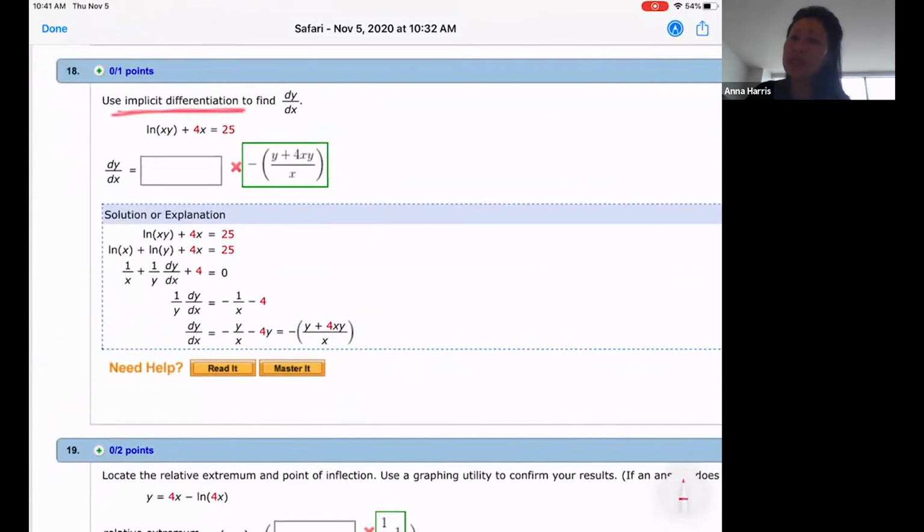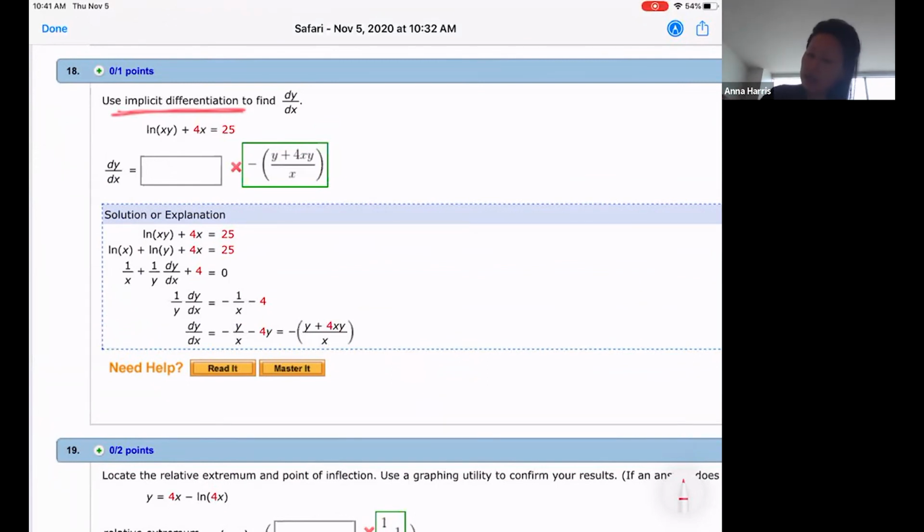Implicit derivative means you don't have y equal to and then the whole expression in x on the right hand side. That's explicit. But now we're going to do implicit derivative because x and y are mingled together. So we put the derivative as dy/dx instead of y equal to something.